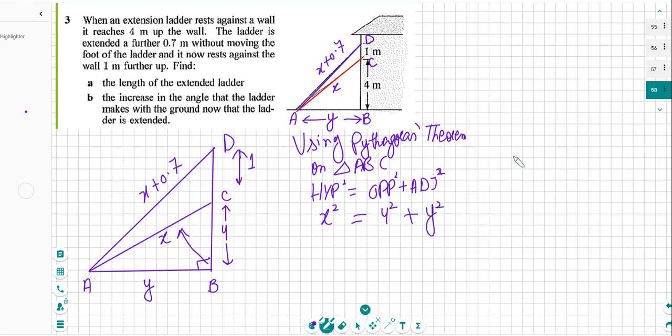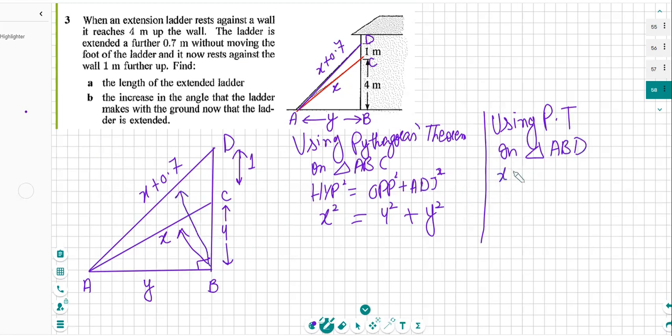Clear? Similarly, I'm applying the Pythagoras theorem on the larger right angle triangle, ABD. Got it? This time the hypotenuse is this length, it is x plus 0.7.